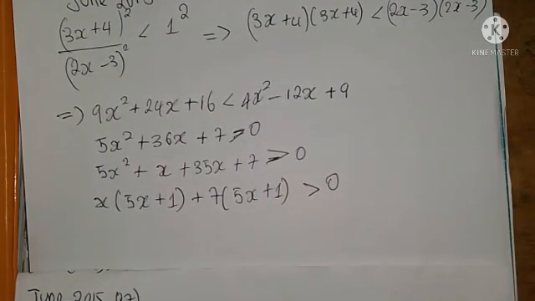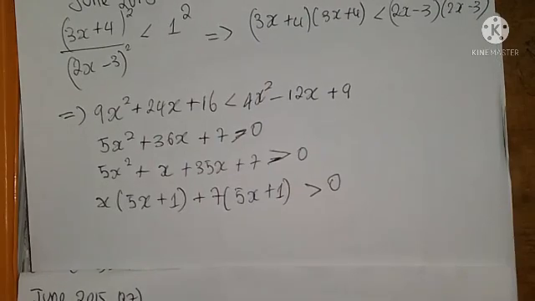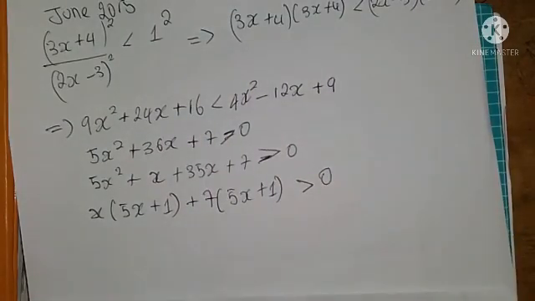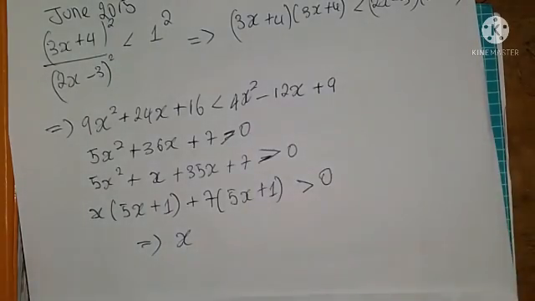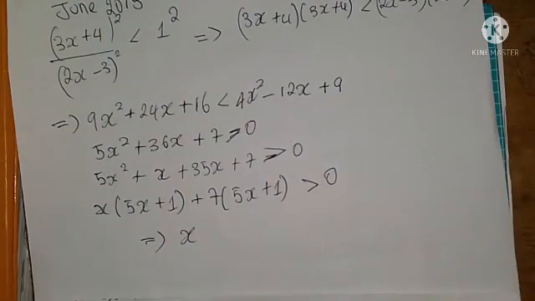Now we need to get the boundary values, or the critical values. We have to equate them, so we're not simply going to have a less than or greater than.